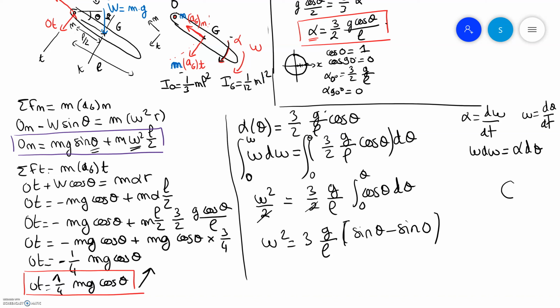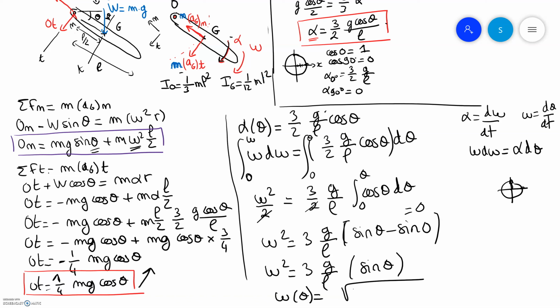And sine 0 is 0, from 0, if we consider that the angle theta starts there. So we can consider 3g divided by L sine theta. So the function omega of theta is the square root of 3g divided by L sine theta.